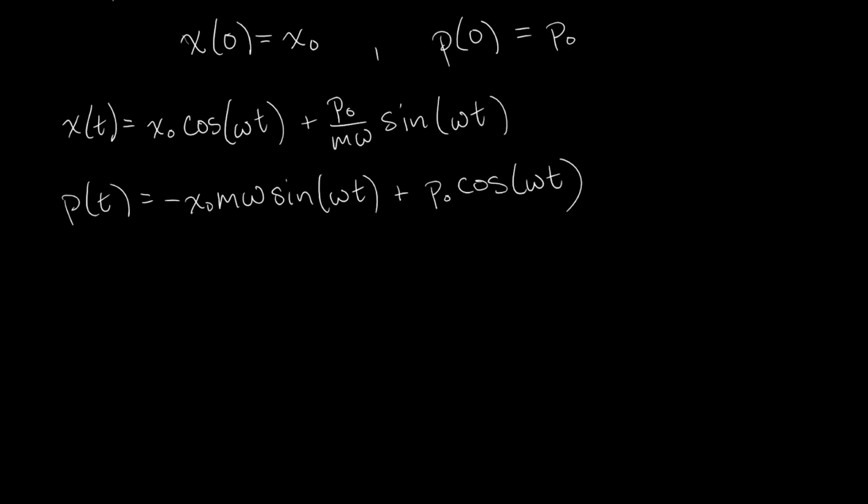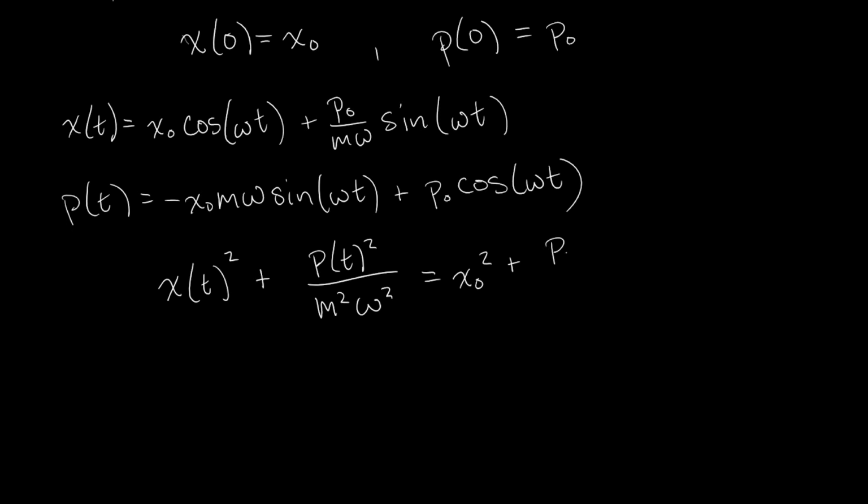Something you'll find is that x(t) squared plus p(t) squared over m squared omega squared ends up, and if you want me to do it all out, I can, it's just some algebra and trigonometry, being just x0 squared plus p0 squared over m squared omega squared, which is equal to a constant, which I'll just call alpha.